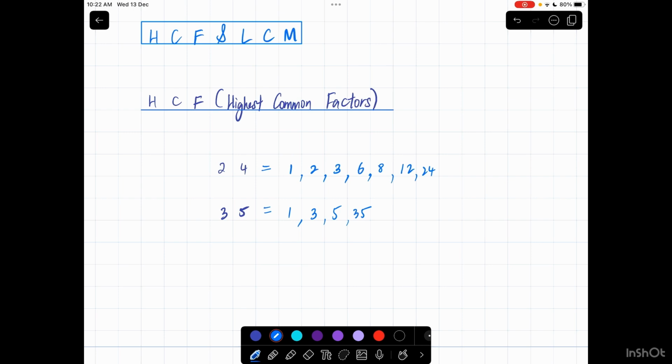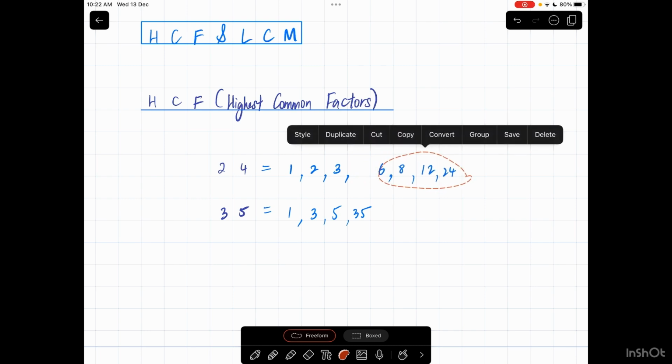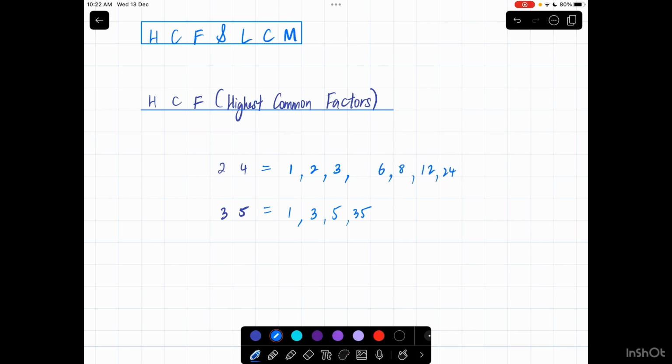Is that correct? I'm pretty sure some of you with sharp eyes would have noticed there are two mistakes with this list. And if you have managed to figure it out, congrats. So here I missed number 4. It is 1, 2, 3, 4, 6, 8, 12, and 24.